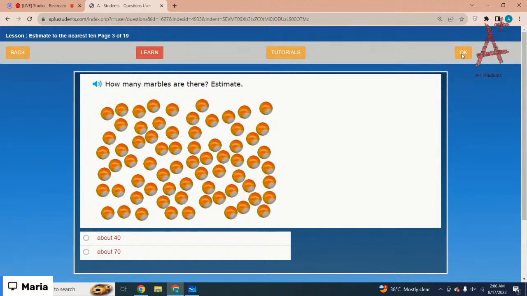How many marbles are there? Estimate. About 40 and about 70. So which is the correct option?